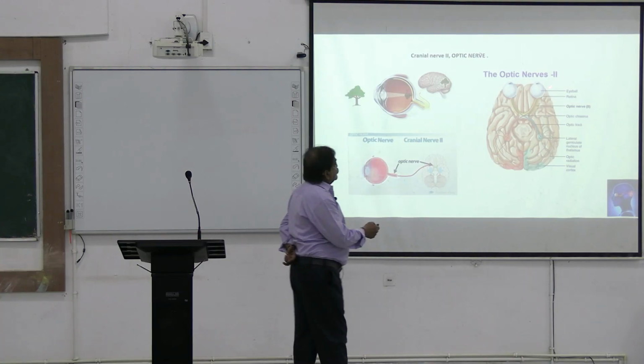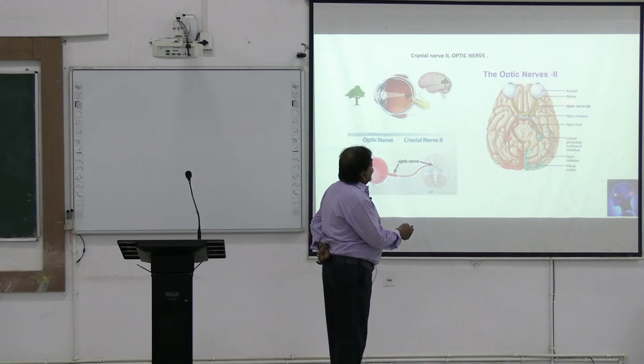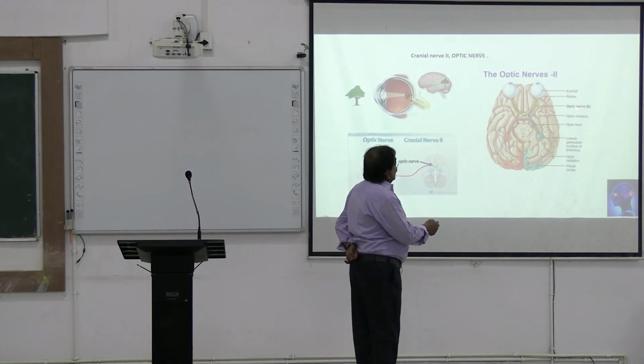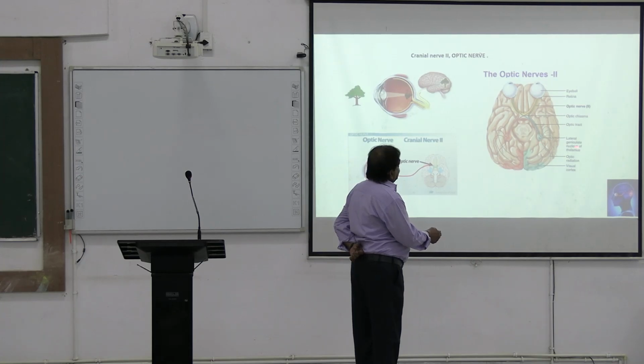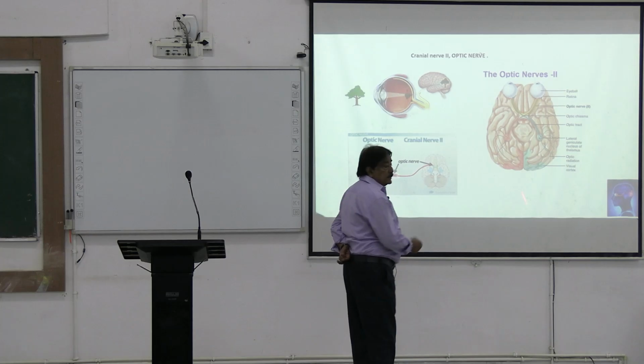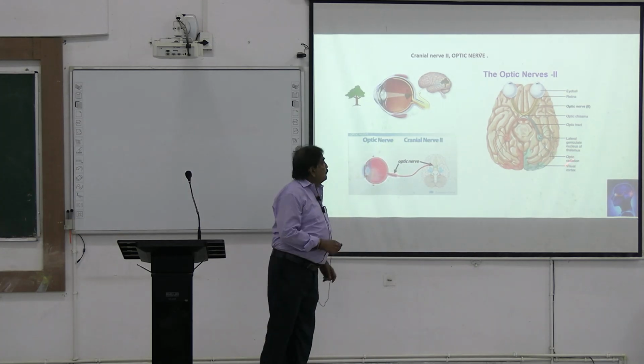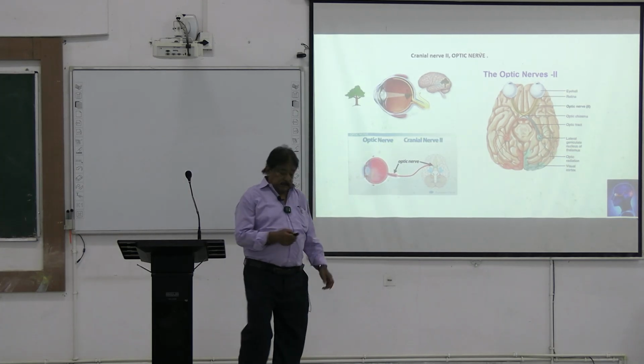Eyeball, retina, optic nerve, optic tract, optic chiasma, as I told you the other day, and lateral geniculate nucleus of thalamus, optic radiation, visual cortex: the optic pathway.